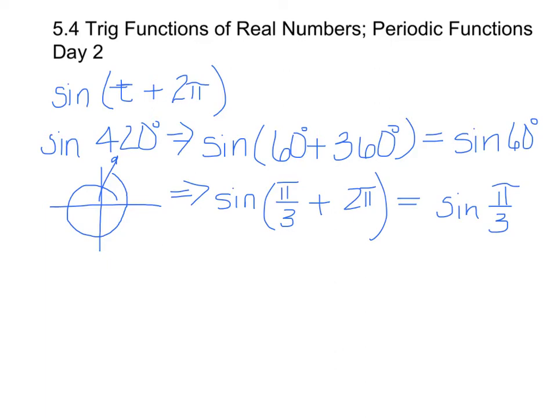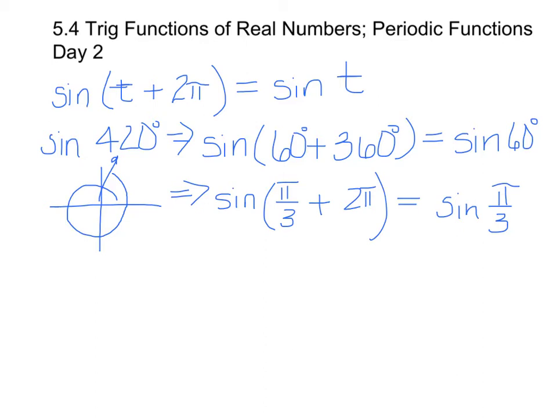So no matter what, if the angle is more than 360 or 2 pi, you can find that angle on your circle. However many times you go around the circle, it does not matter, because you're going to end up at the same reference angle or the same spot.